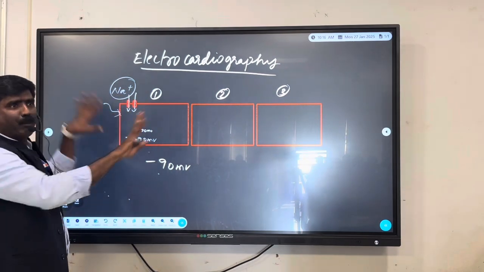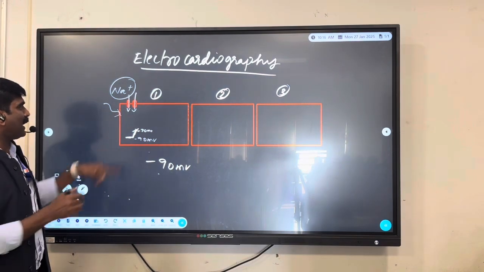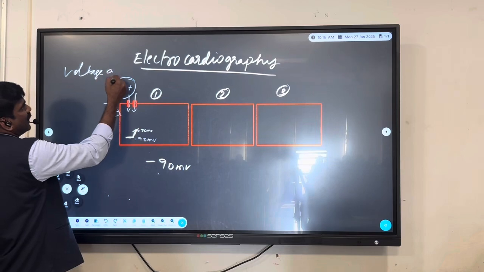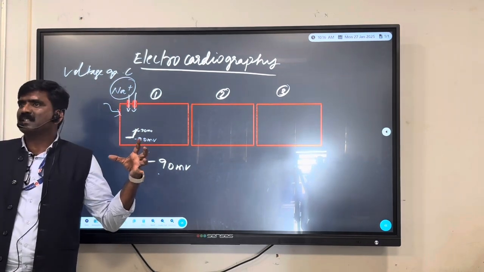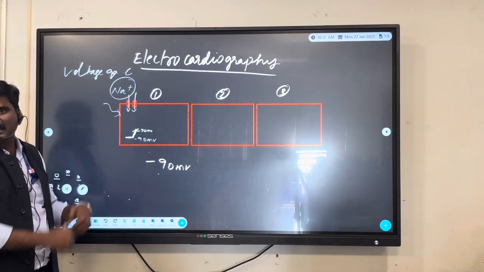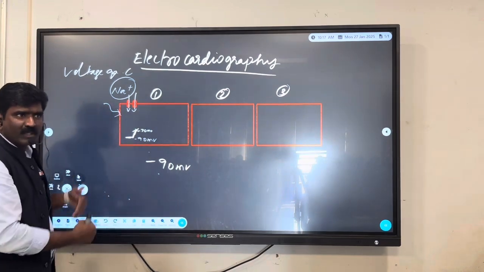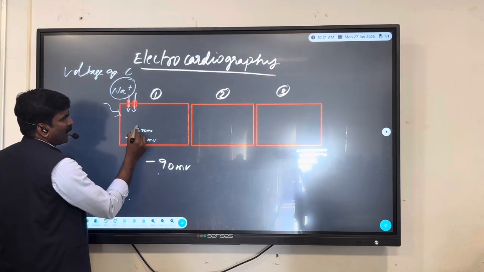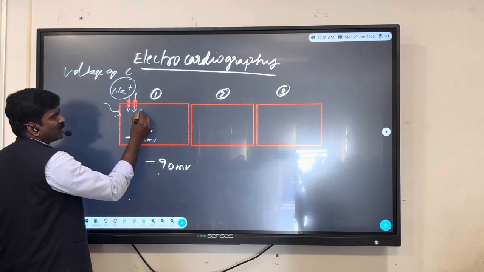some sodium channels will open, and these are called voltage gated channels. Because the voltage gated channels are open, more and more sodium will enter the cell, because extracellular sodium is high. So minus 70 will become minus 60, 50, 40, 30, 20, 10 and 0.